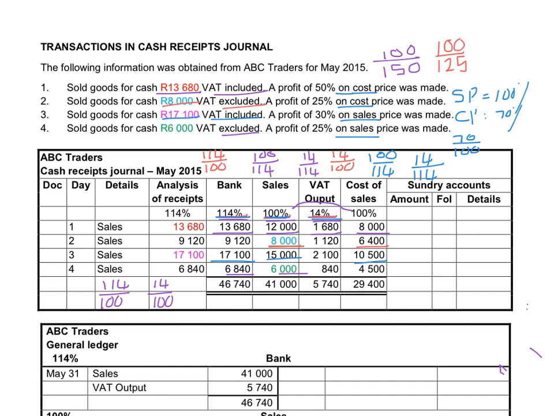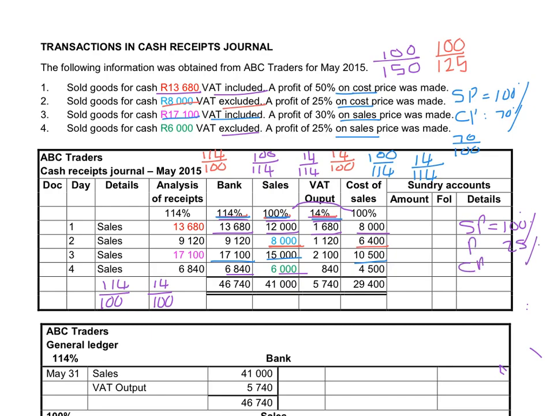If we want to calculate the cost price, a profit of 25% on sales price was made. That means that the sales price is 100%. The profit is 25%.